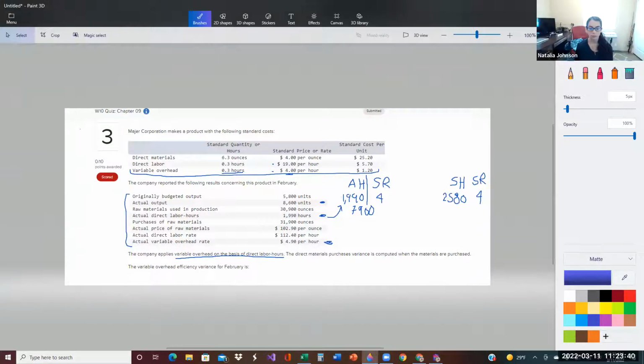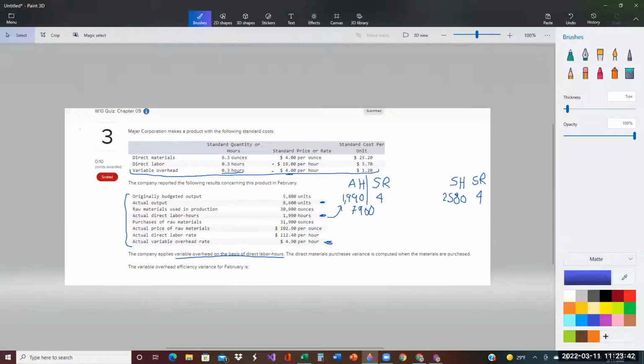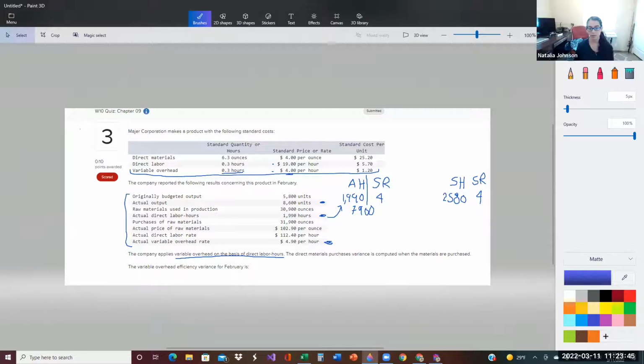It's activity based, right? Yeah, that is the activity based. So instead of hours, it could have been machine hours or ounces too. Okay, that makes sense. Thank you.